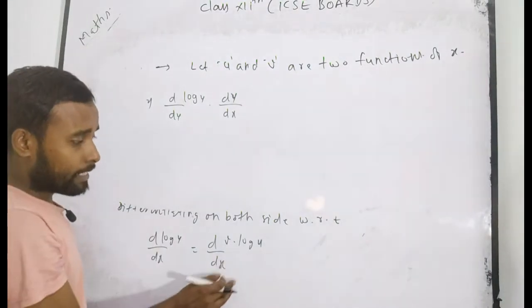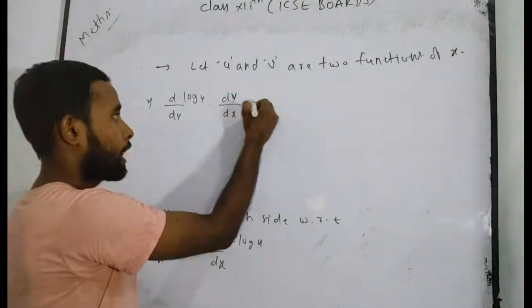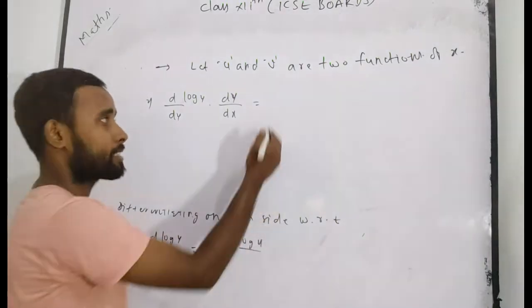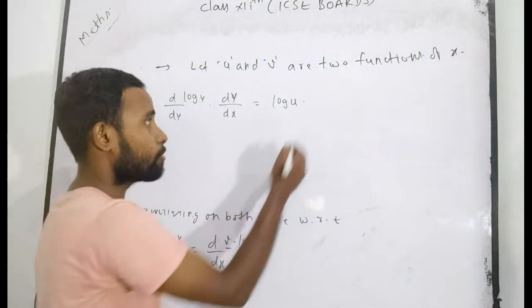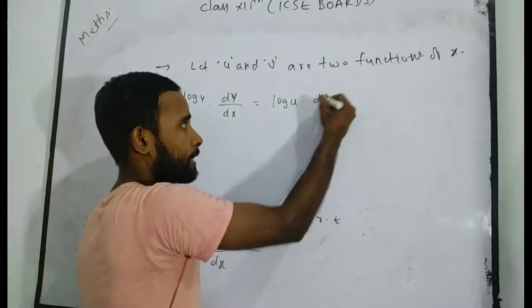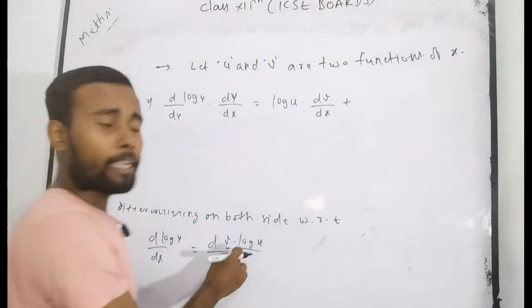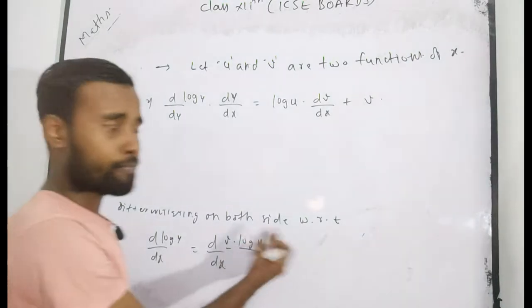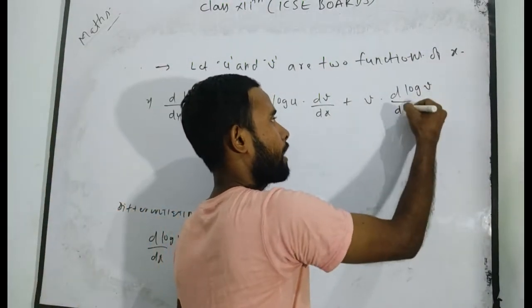Now see here, this is a product of two functions, log u and v. According to the rule, first take the second term out of the derivative, that means log u into the derivative of v, that is dv/dx, plus, in the second case, take v out of the derivative and multiply by the derivative of the second term, that means the derivative of log u with respect to x.